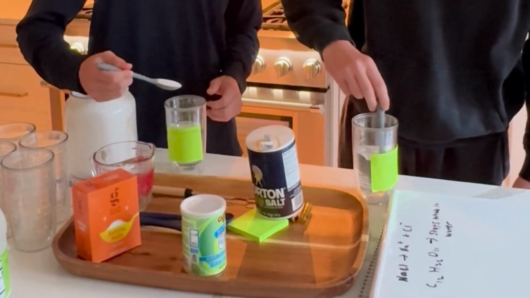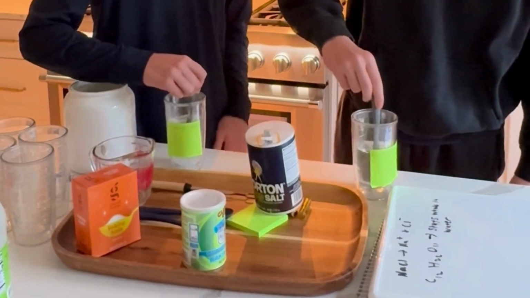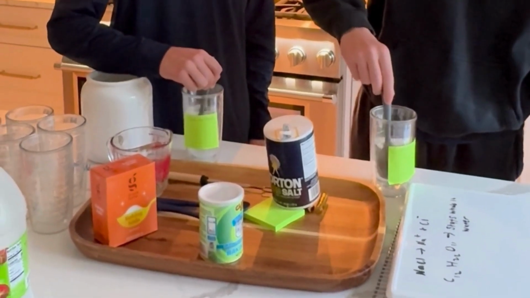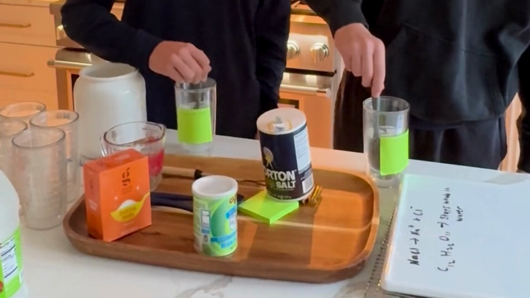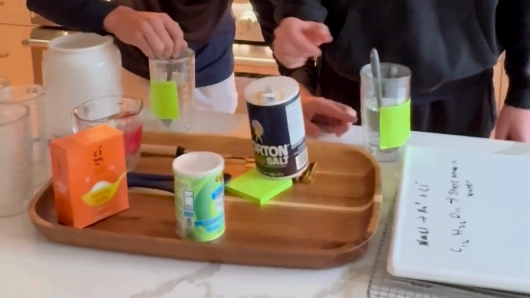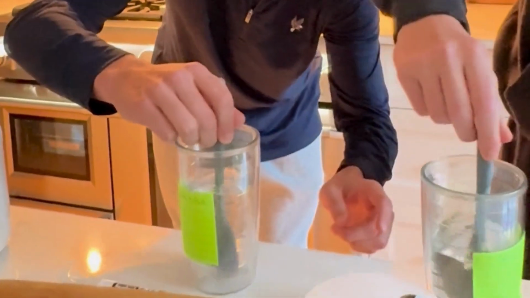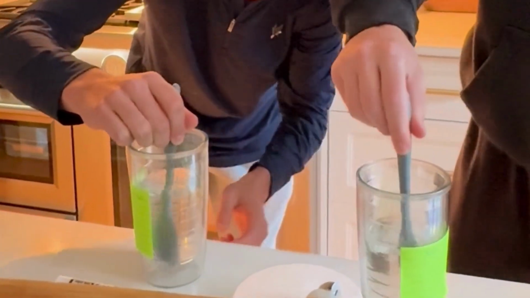I'm going to take a spoonful of the sugar and stir it. But for sugar, as you can see, it doesn't bind itself to the water, and you can still see the particles in the sugar water, compared to the salt water, where the particles are nearly invisible.